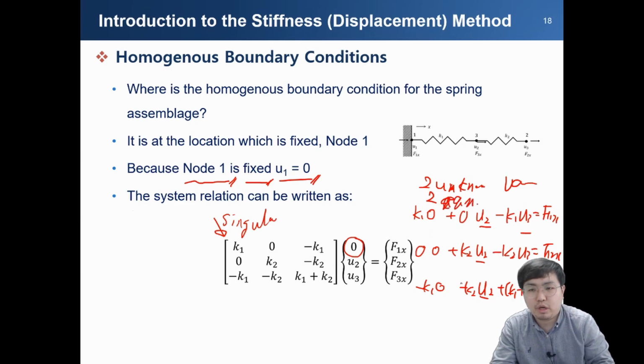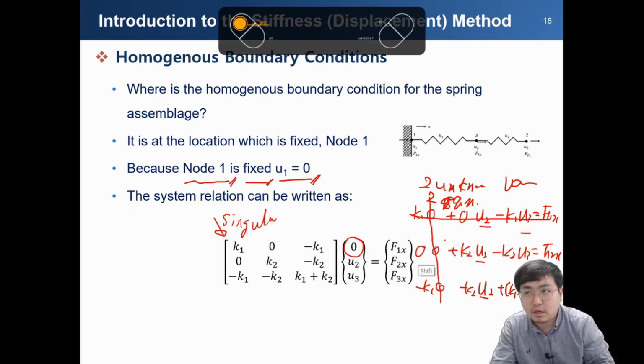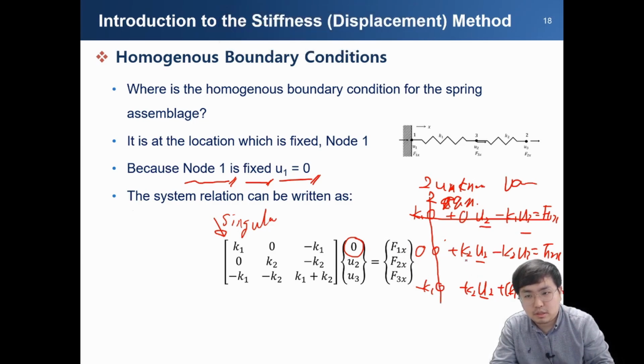We have three equations, so we don't need the first equation. This is enough to obtain the U2 and U3 values. Also this is 0, so we don't need this part either. So K2 U2 minus K2 U3 equal to F2x, and minus K2 U2 plus (K1 plus K2) U3 equal to F3x is enough.